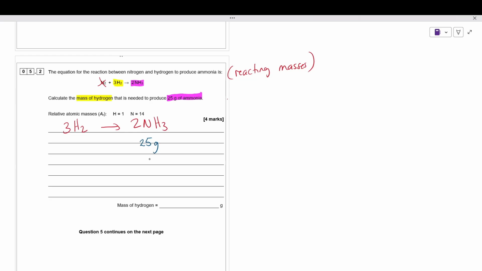And that Mr for ammonia is going to be 17. Remember how I got that? Let me just do it here. That's 14 plus 3, which is 17.